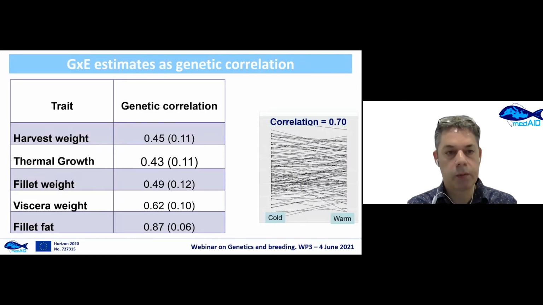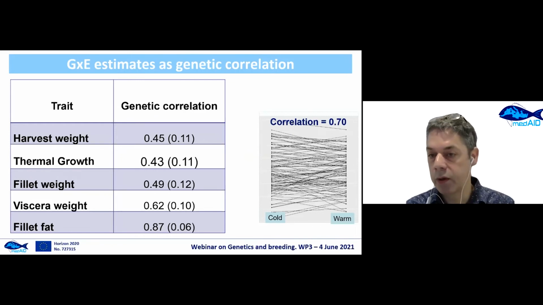So what did we get? We get a single number. We get a genetic correlation value, which are listed here. And we see that for, let's say, the growth, production related traits, harvest weight, growth rate, and fillet weight, genetic correlations are in the 0.45 to 0.5 region, which is quite low.